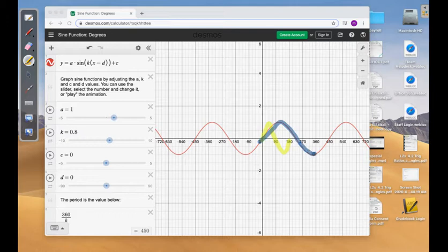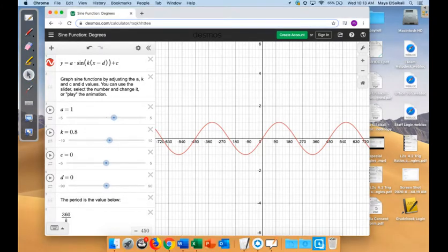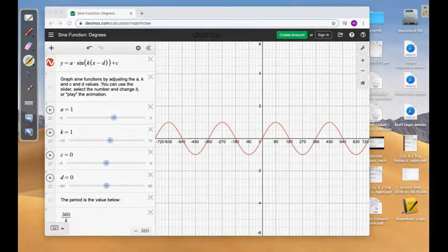Let me erase this and change that back to 1. So when k is 1, and when k is 2, I have a horizontal compression.